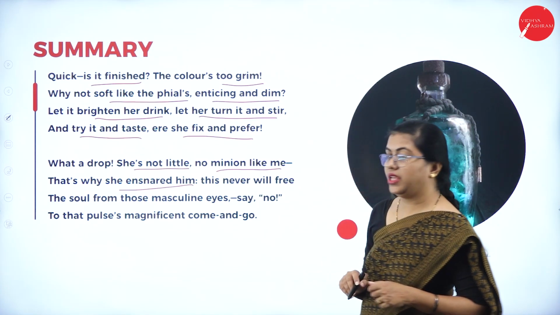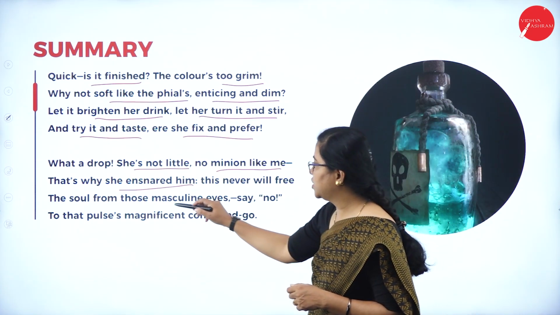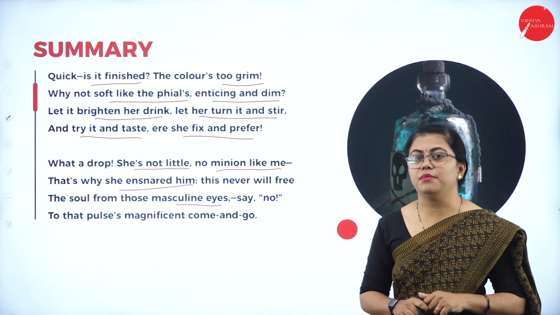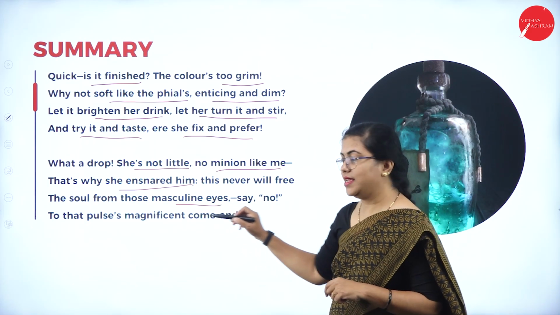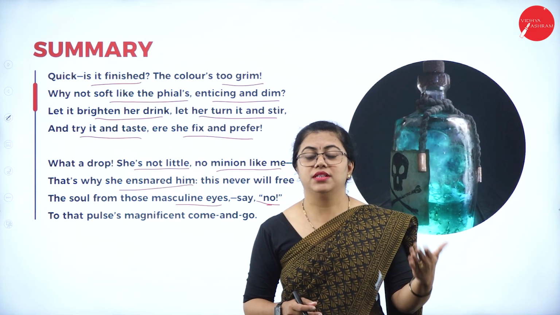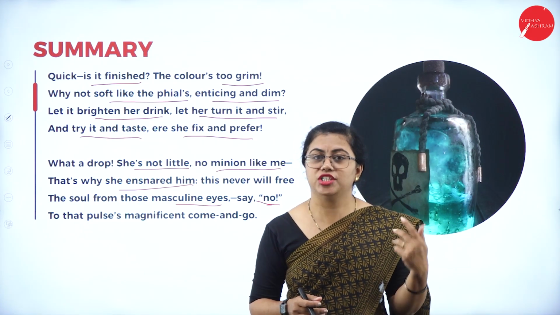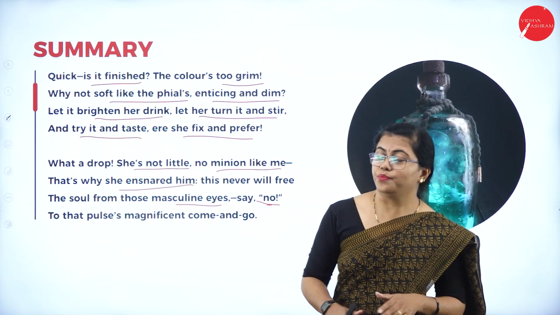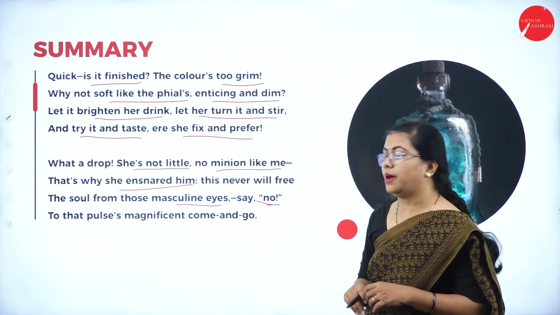This never will free the soul from those masculine eyes. Only this attraction does not save her from death. That masculine eyes will say no. It means the man who is attracted to her, when her soul is gone, when she drops dead, then he just shouts no to that pulse magnificent, come and go.